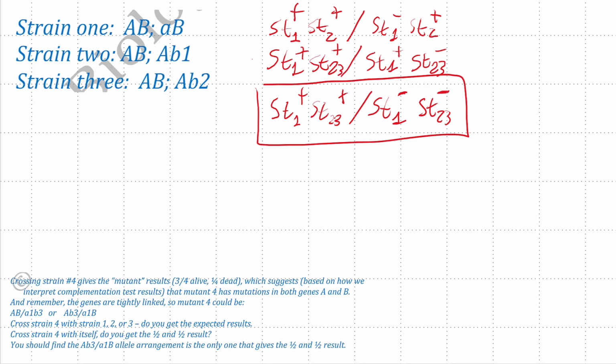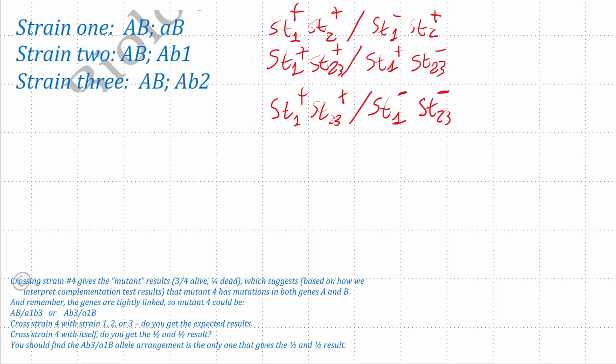If you make your Punnett square by crossing a heterozygote with this genotype, calculating first the gametes that it can produce with the gametes of either of the individuals with the genotype from strain 1 and strain 2 respectively, you should notice that you're going to get a ratio of 3-to-1 phenotypes of normal wild type, which in this case is alive, and one of miscarriage in the uterus.